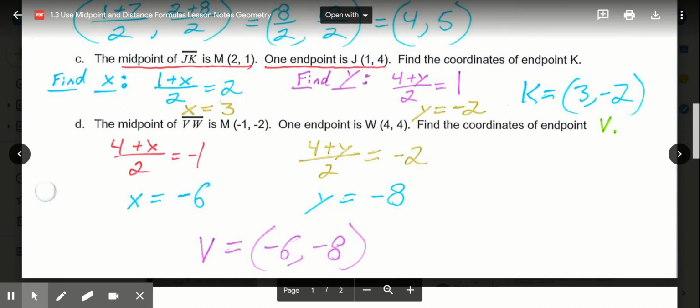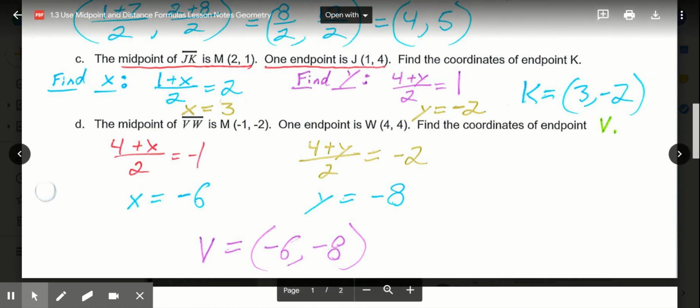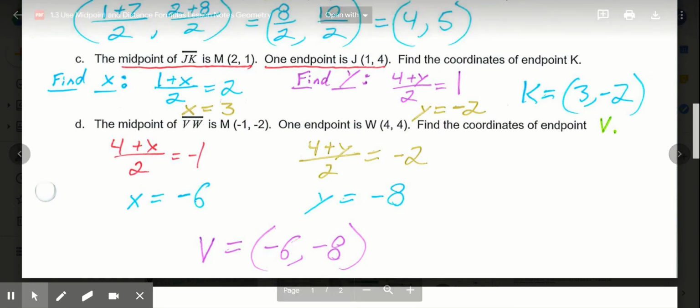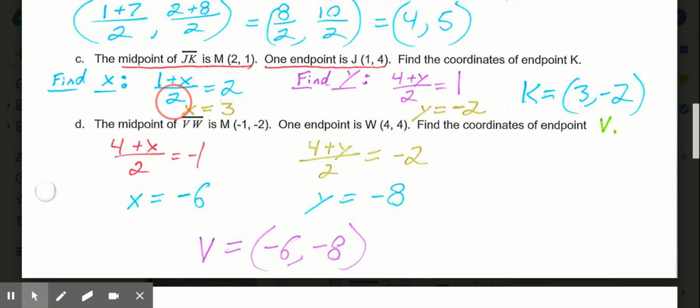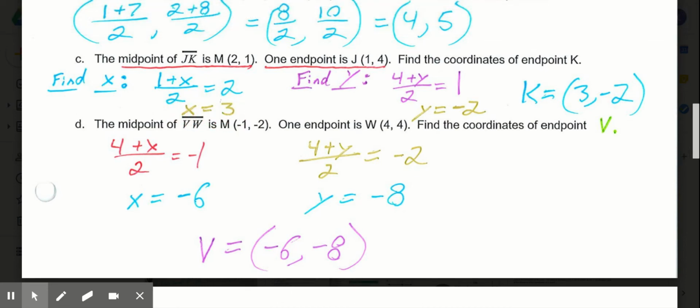So then it would be 1 plus our missing x value divided by 2 equals that midpoint x value of 2. Then we solve for x. So we would multiply both sides by 2 to get rid of the 2 on bottom. So 2 times 2 is 4. And then we'd have 1 plus x equals 4. So we would subtract the 1 and x equals 3.